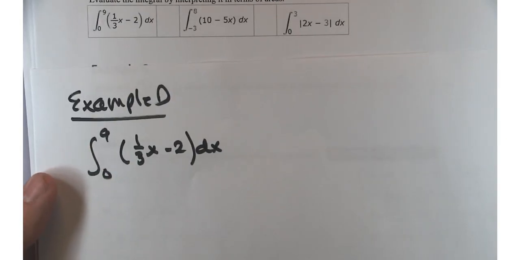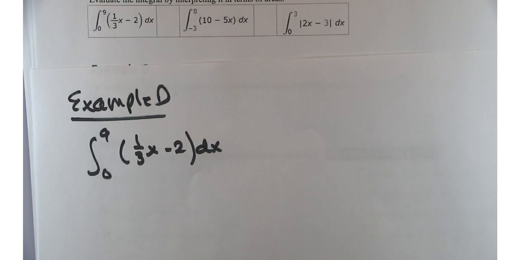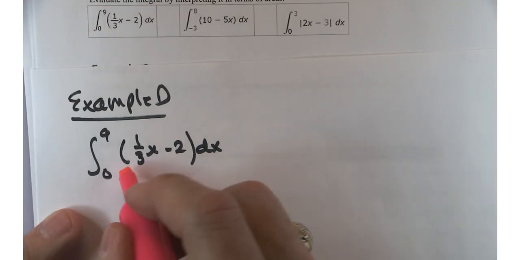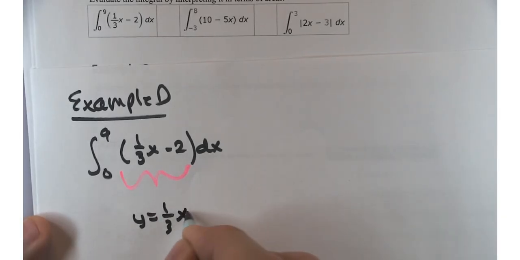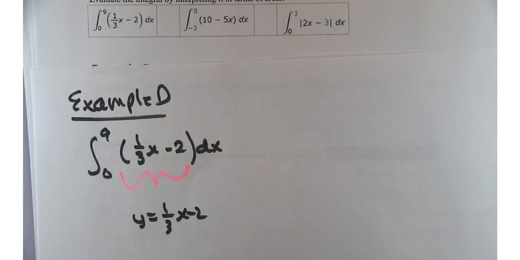Okay, well, let's think about what that function is going to look like. So in particular, I want to graph y equals 1/3 x minus 2. What's that graph going to look like? All right, a line, good.